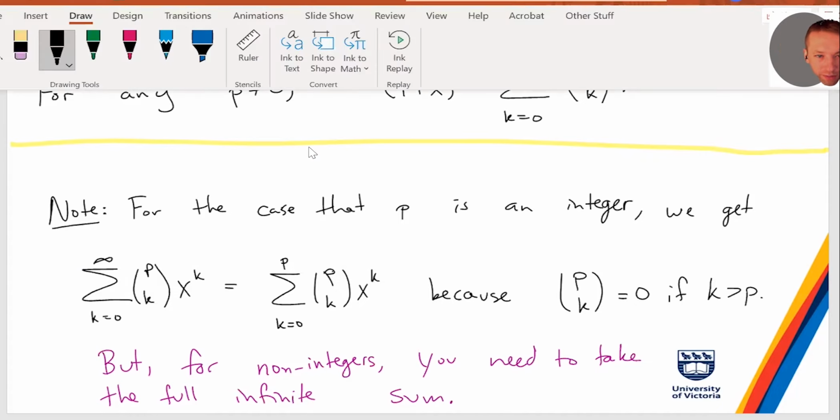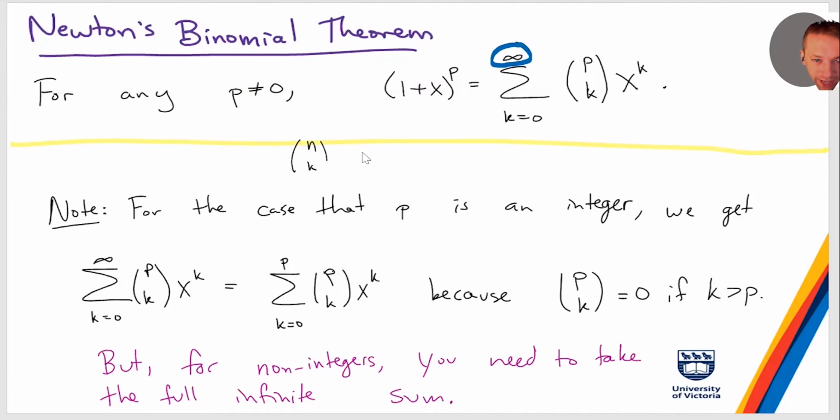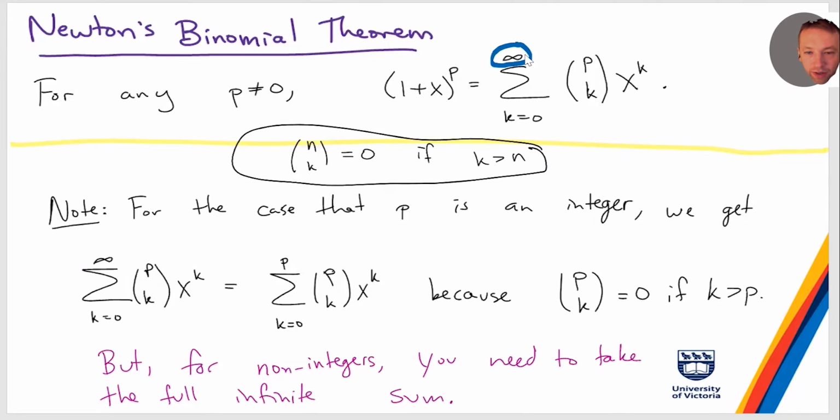So you can write the usual binomial theorem as an infinite sum because practically all the terms are 0. If you add 0 to something infinitely many times, it doesn't matter, it stays the same. So that's what is being explained here.